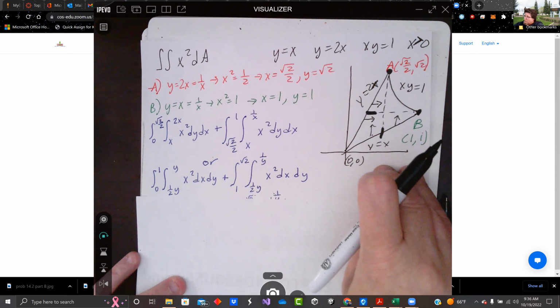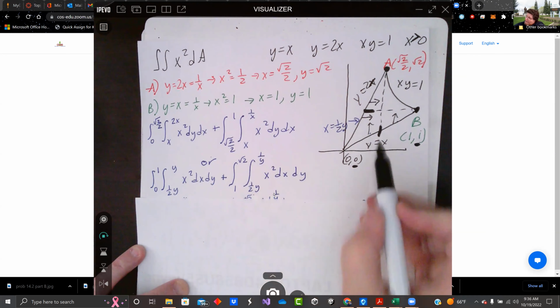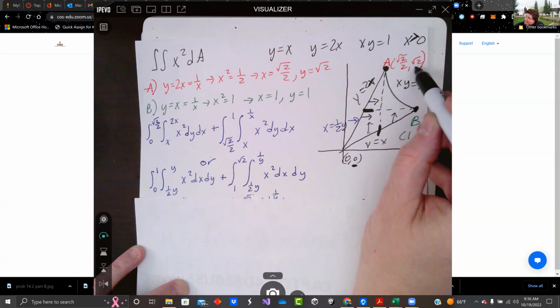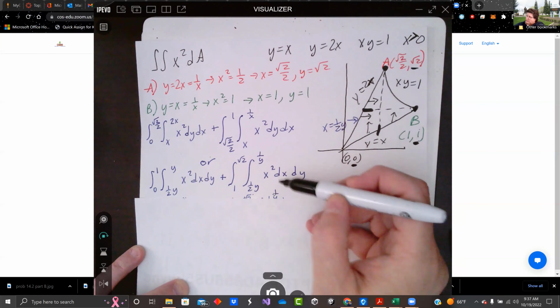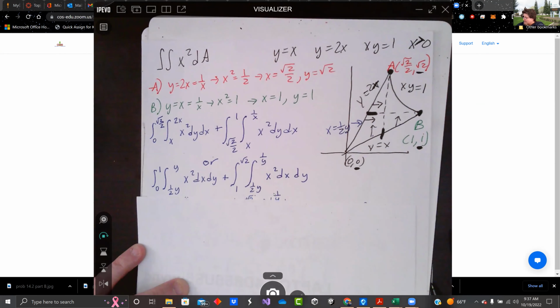We can see that here. And the y component from there is 0 to 1. And then above that line, we're again starting at 1/2 y, but now we're going up to 1 over y. So those are our limits there. And above that line, y goes from 1 up to y equals root 2.